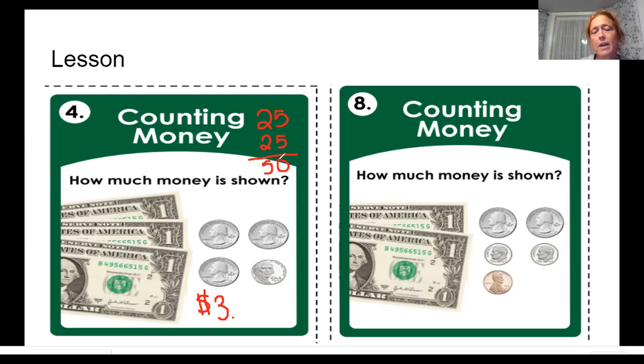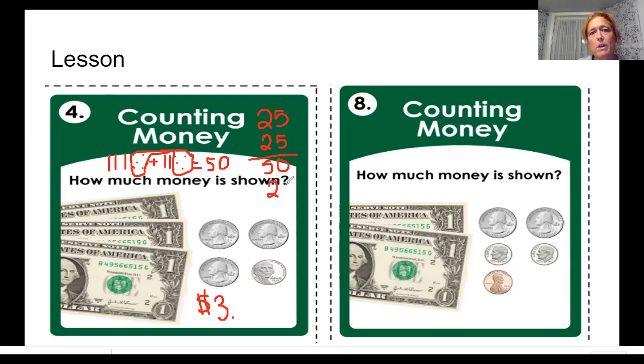And we can prove that by using our base 10 blocks, which is 2 tens, 5 ones, plus 2 tens, 5 ones, equals, we have to take these 5 and these 5 together and make another 10, which means we have 10, 20, 30, 40, 50. Okay, so that's how that equals 50.